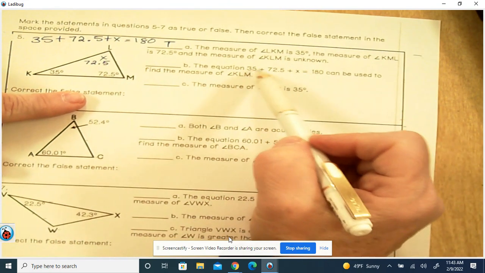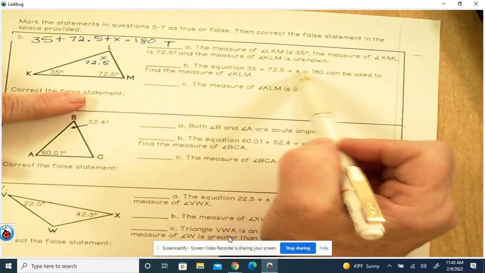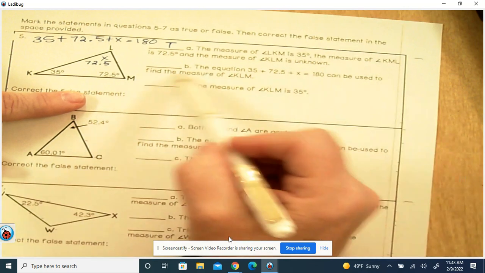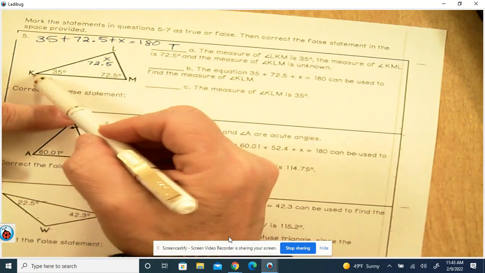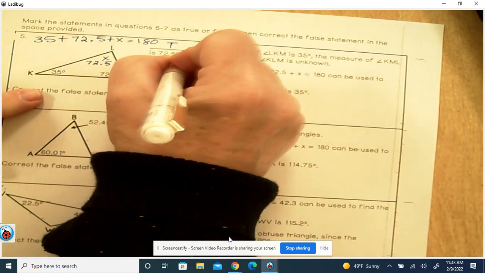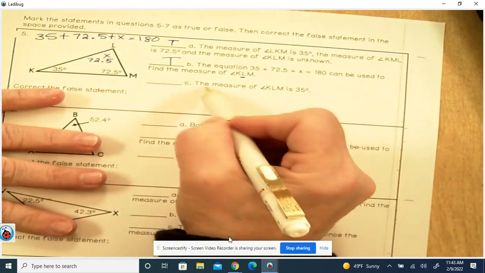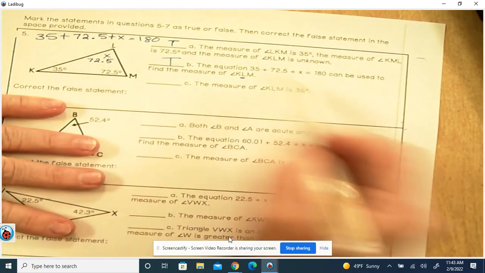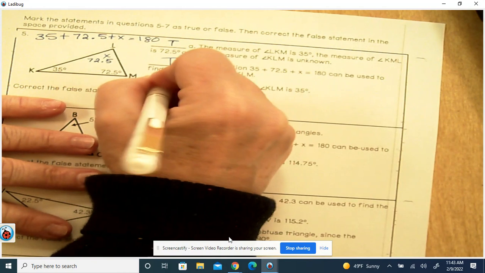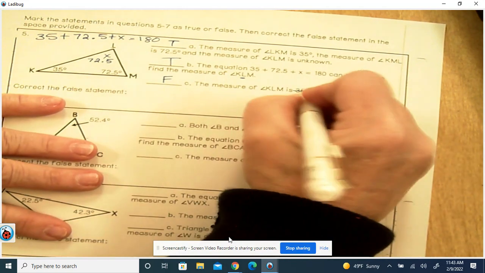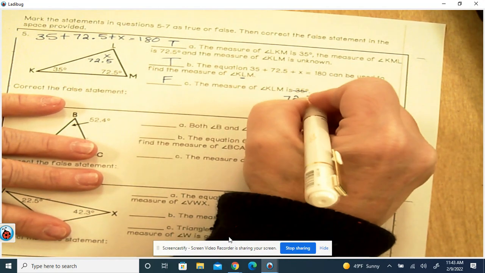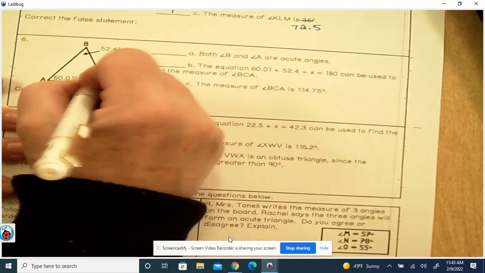The equation 35 plus 72.5 plus x equals 180 can be used to find the measure of KLM. That is also true. Remember, L's in the middle, so that's what we're looking for. The measure of KLM is 35. That is false. We looked that up, and it is actually 72.5.